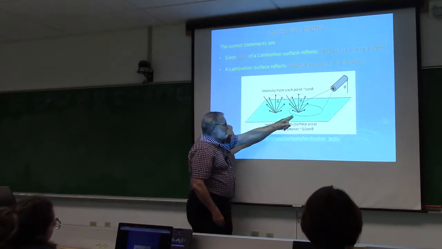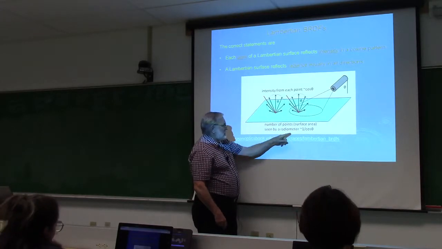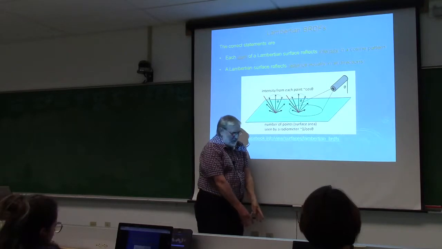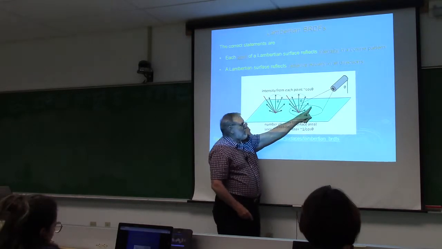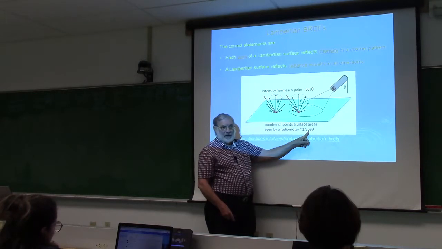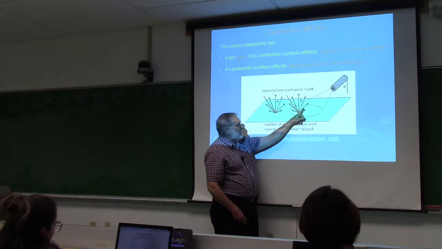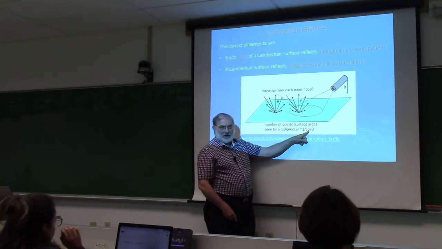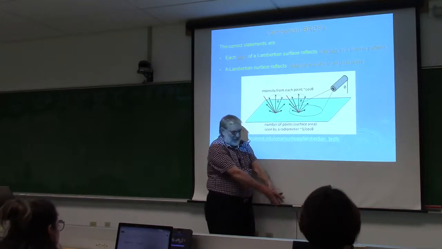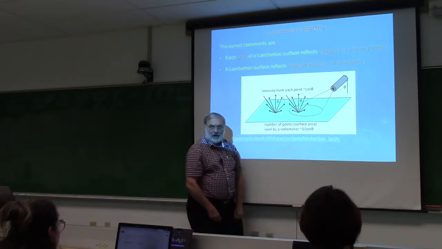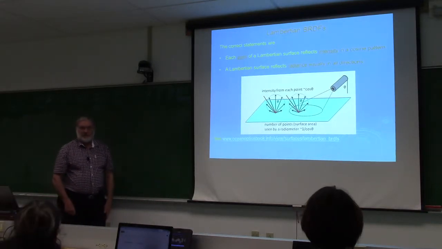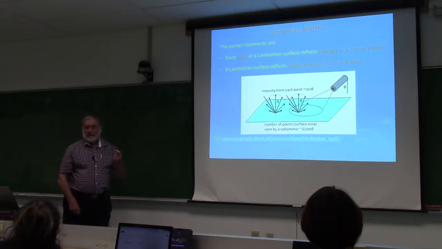So each point is proportional to the cosine for the reflected light, but as I move my radiometer, I see more and more points in proportion to 1 over cosine theta. So the cosine pattern here and the 1 over cosine here cancel out, and the radiance I measure is independent of the viewing direction. Does that make sense?